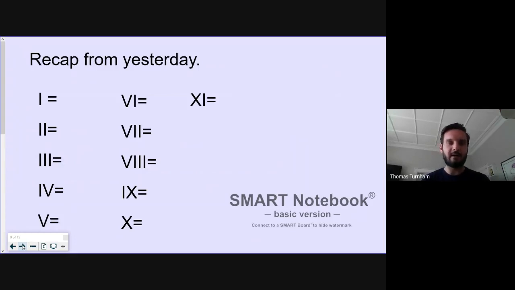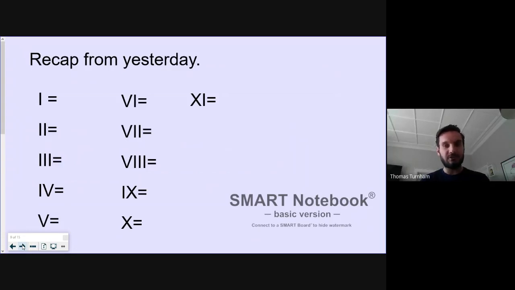What does IV mean? Well, hopefully you realize that I is 1, II is 2, III is 3. I know I sound a bit like a pirate there. And then IV is 5 minus 1, which is 4.